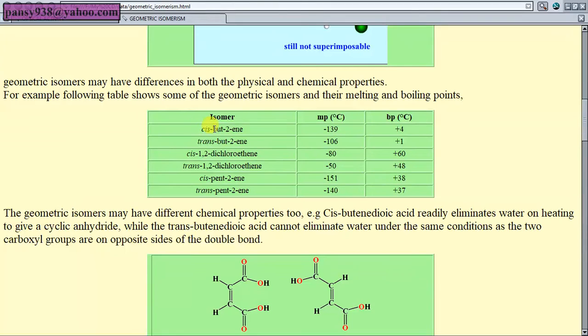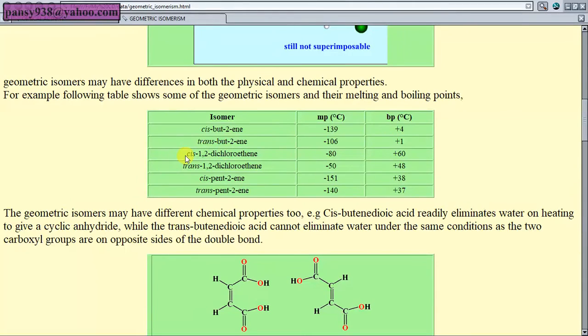For example, cis-2-butene has a melting point of minus 139 degrees Celsius and a boiling point of 4 degrees Celsius, while trans-2-butene has a melting point of minus 106, which is very different from the melting point of the cis isomer, and its boiling point is plus 1.